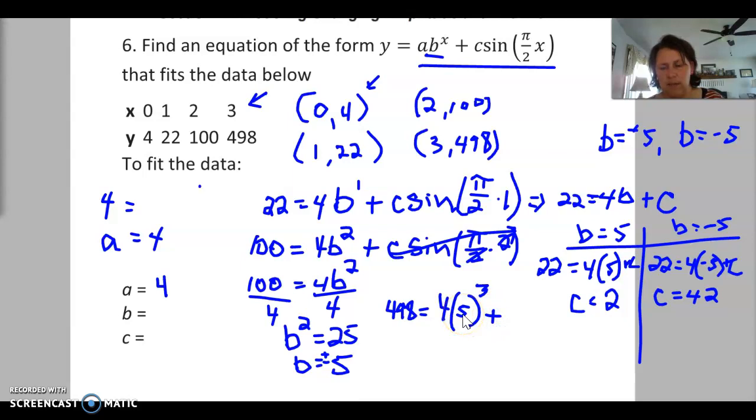If b is 5, then c must be 2. And then sine of pi over 2 times x, which we're using 3 as our x. So we want to prove that this is true. Plugging all of that information in, 125 times 4 is 500. 5 cubed, yep, and then times 4 is 500, yes.